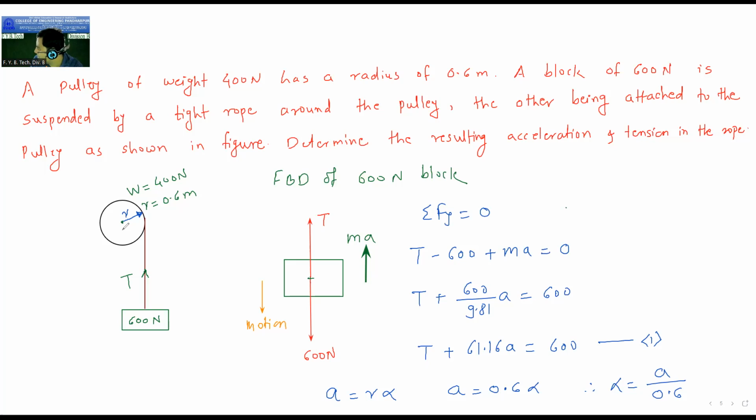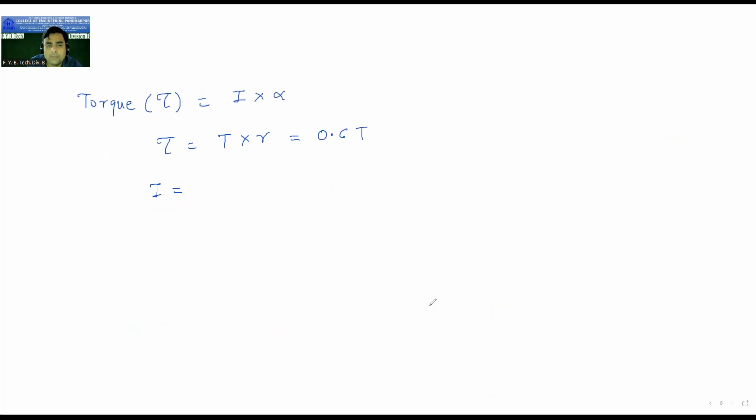CD DVD सारखं आपण पकडू शकतो पुलीला, which is having very less thickness. तुम्ही सीडी बघितली कधी, its thickness is nearly equal to 0, very thin. So this I is the mass moment of inertia, and for a disc which has very thin thickness, it is calculated as mr square by 2. हा फॉर्म्युला पण दिलाय मी तुम्हाला.